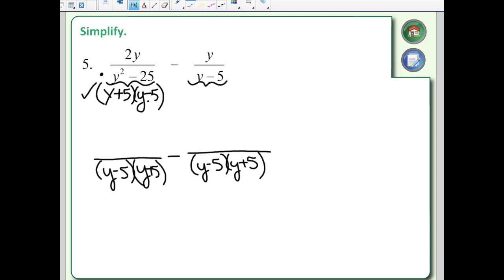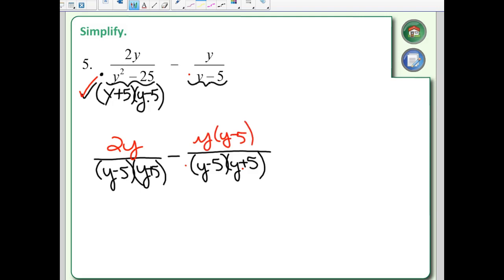All right, so now when I compare my fractions, the first fraction actually has the right common denominator. So I don't have to make an equivalent fraction. It's right. But when I look at the second fraction, I have the y minus 5s, but I'm missing the y plus 5. So now I've got y times y minus 5.